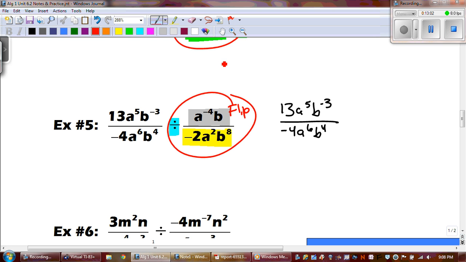That first part stays the same. We're going to change to multiply, and we're going to multiply by the reciprocal, which means the yellow comes up and the gray goes to the bottom. And all the exponents stay the same right now. Okay, I'm going to write b to the 1st so I remember. And then we have negative 2, a squared, b to the 8th.